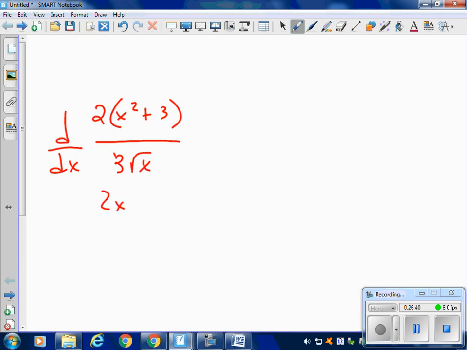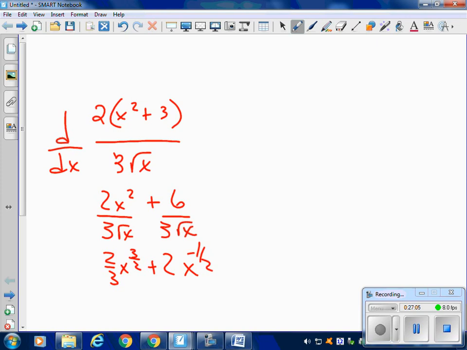So (2x squared plus 6) divided by 3 square roots of x on each one. So this will be 2/3 x to the 3/2 power, because 2 minus 1/2 is 3/2. And then over here, 6 divided by 3 is 2, and I'm going to bring it up and make it x to the negative 1/2 power, so it's all powers.